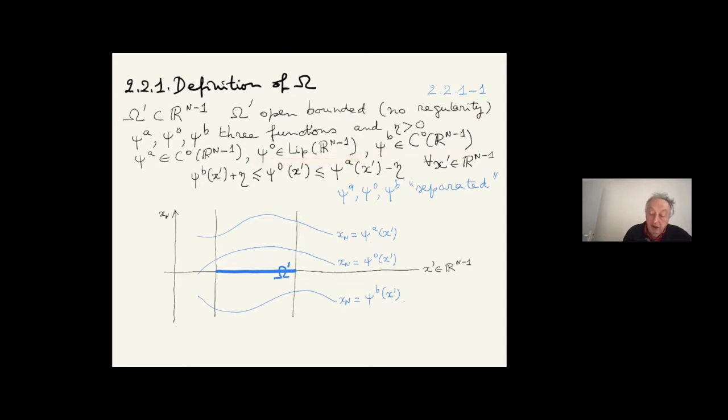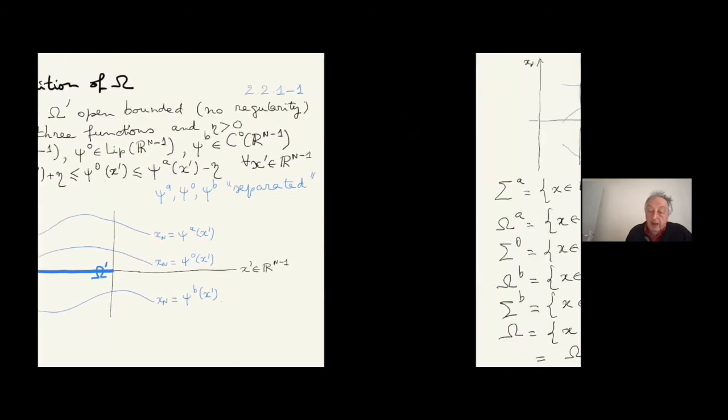Okay, and there exists some eta strictly positive, such that psi-b plus eta is less than psi0, which is less than psi-a minus eta. So this means that psi-a, psi0, and psi-b are separated. And here is a picture, and you have the graphs of psi-a, psi0, and psi-b. Okay?